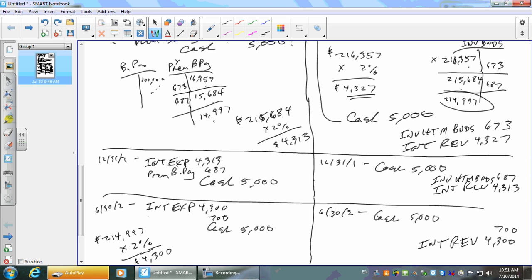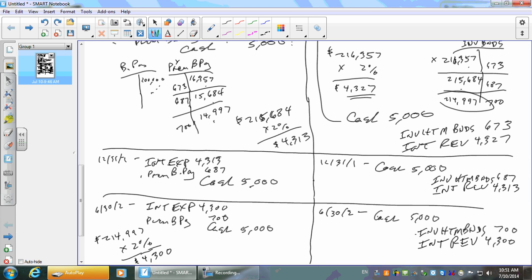So let's debit that premium, same as here, over and over. This time, 700. Over here, what are you gonna do? On the investor, gotta bring that investment held to maturity bonds down by 700, just like you're bringing this premium down by 700 over here. Yeah, investment in held to maturity bonds.